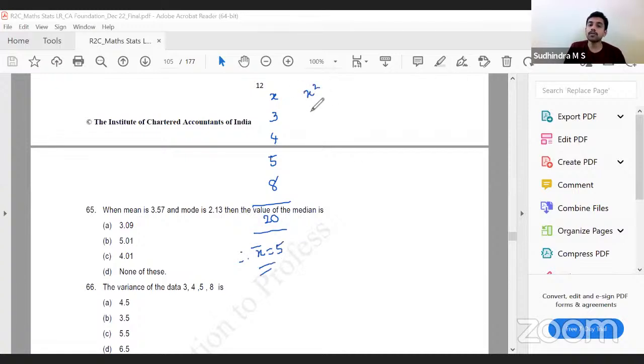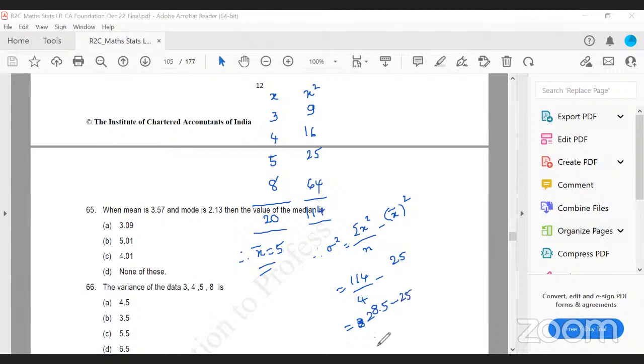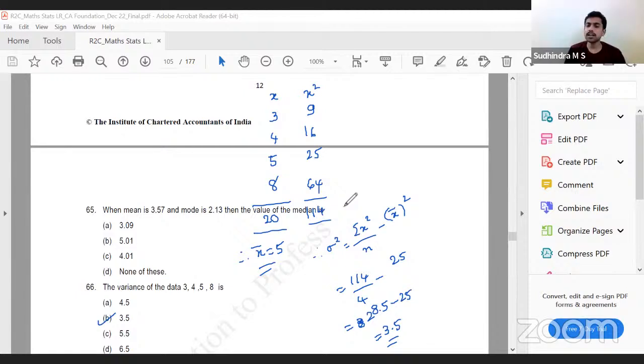X square values are 9, 16, 25, 64, total 114. Therefore, variance is summation x square by n minus x bar the whole square. 114 by 4 is 28.5, minus 5 square, which is 25. That is 3.5. Everyone understanding?